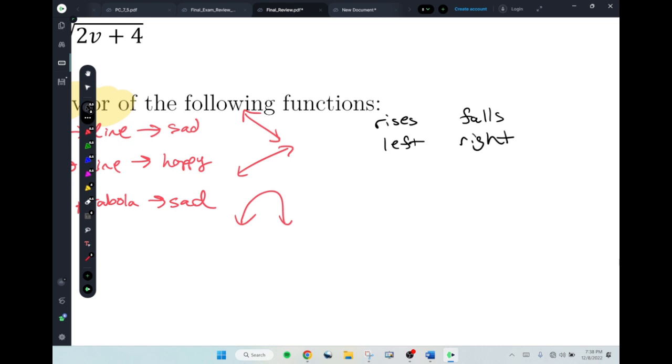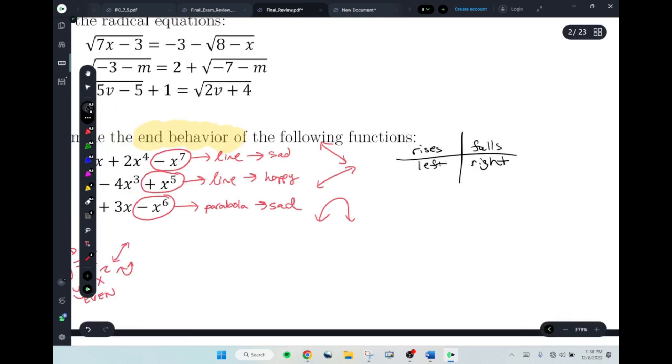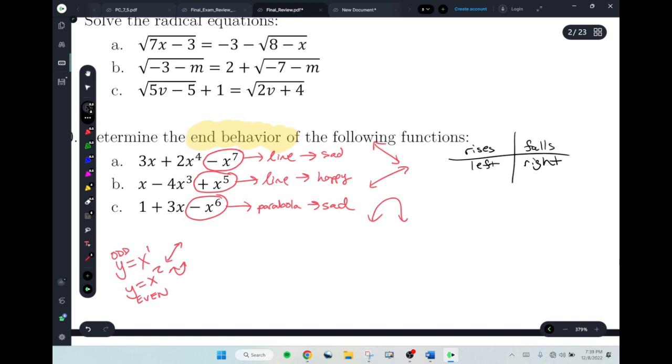Or we'd say this one falls on the left and rises on the right. We'd say this one falls on the left and falls on the right. That's when I learned this for the first time recently. That's the way the test calls it. But if you can draw the shape, hopefully you can figure it out just by reading the things they give you, because they literally write it in a long sentence on each of the multiple choice options. Your goal is just to determine, based on that exponent, whether it's a happy, sad, line, or parabola.